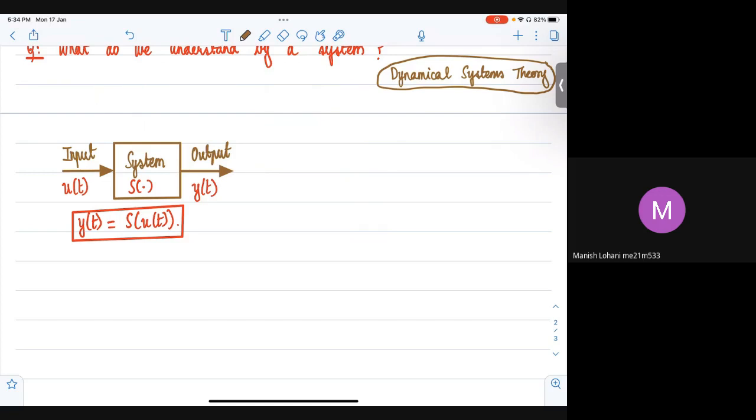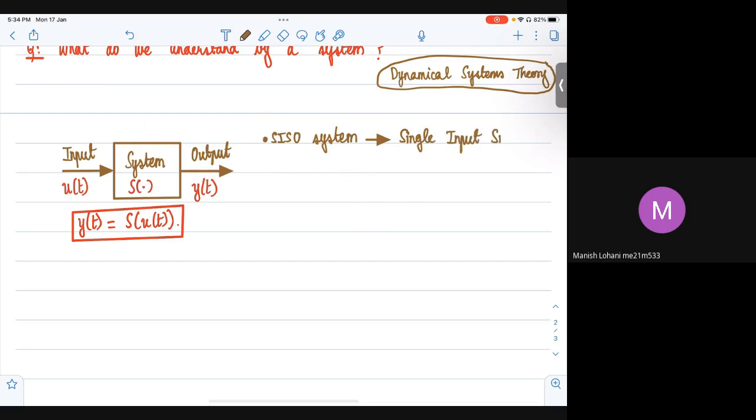Depending on the number of inputs and outputs, we can have single input, single output systems and multi-input, multi-output systems. These are abbreviated as SISO and MIMO. SISO means a single input, single output.